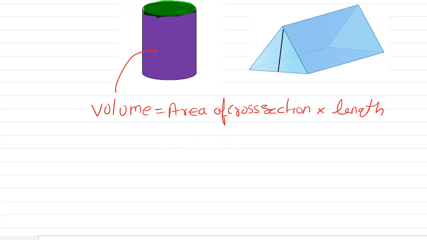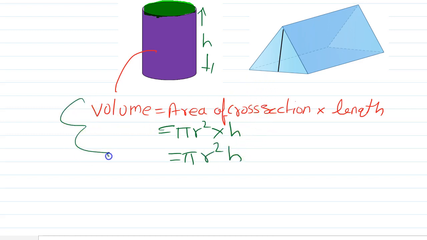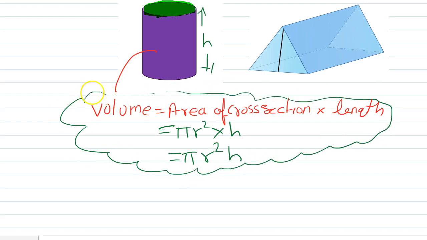So area of circle is pi r square, times length. So if this is height h, then it will be pi r square times h. So here we'll get volume of cylinder, that is pi r square h.